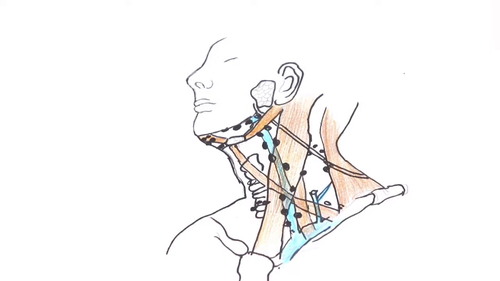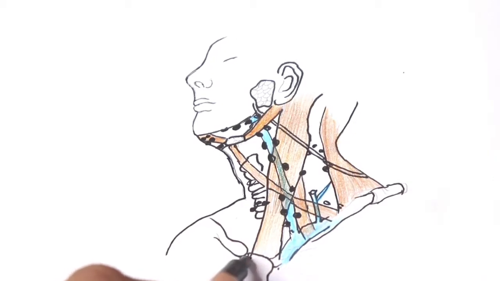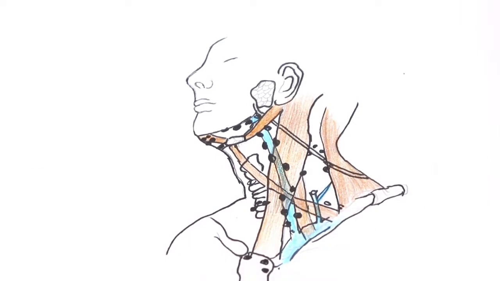So AJCC won't consider mediastinal nodes as neck nodes, but there is another classification in which they have included the mediastinal nodes in level 7. So these are the different levels of neck nodes.